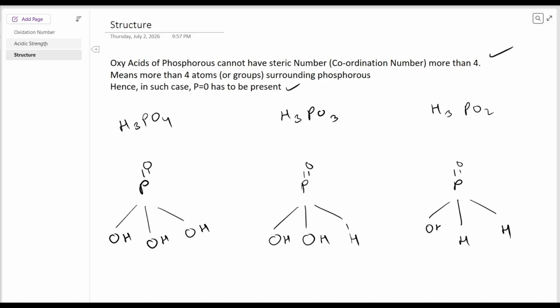Now, what we need to remember here is that hydrogen which is directly attached to phosphorus is not the acidic hydrogen. I am repeating the statement: hydrogen which is attached to the phosphorus is not the acidic hydrogen.